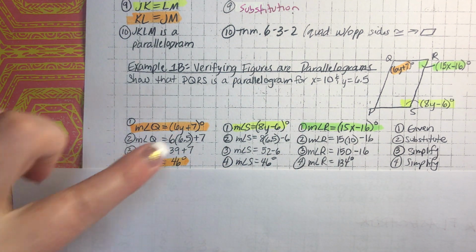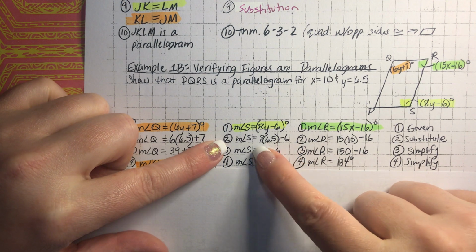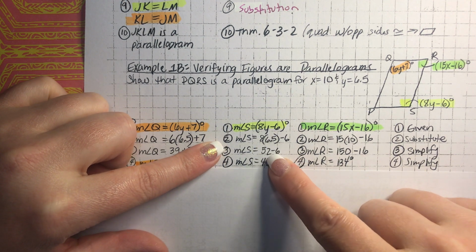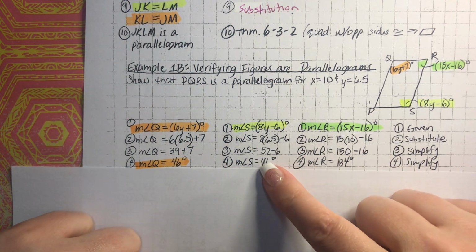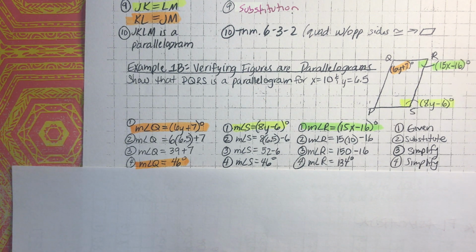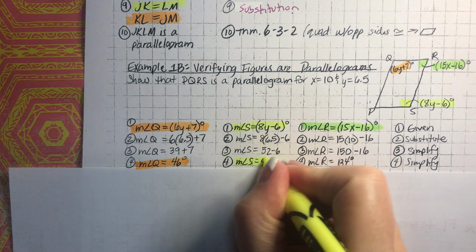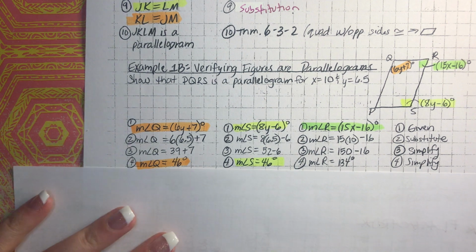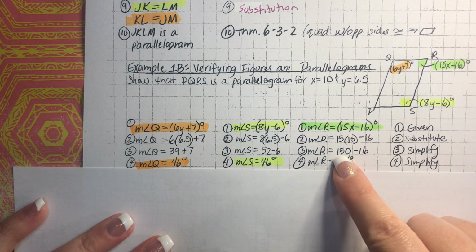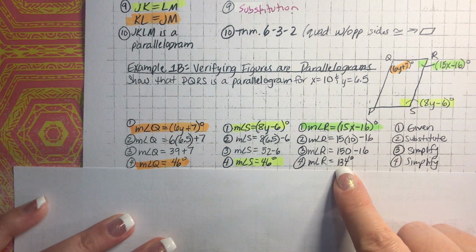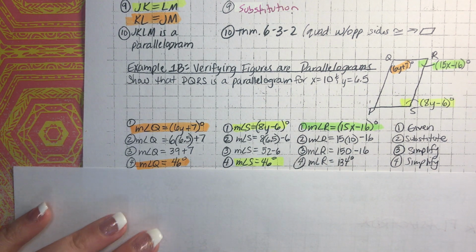And then what do we have here? So we substitute 6.5 in here. 8 times 6.5 is 52. 52 minus 6 is 46. And then over here, we got 15 times 10, which is 150, minus 16 is 134 for measure of angle R.